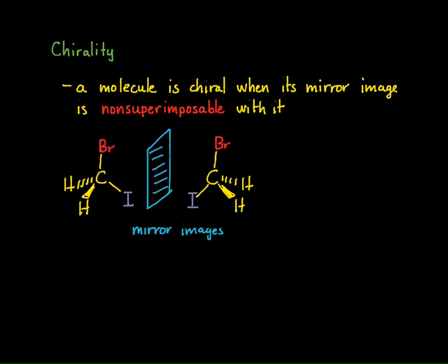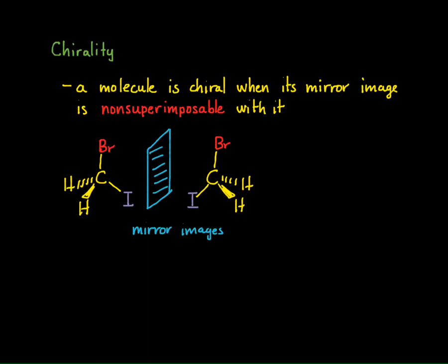So now I have a mirror image of the molecule that I constructed on the left-hand side. So these two are mirror images, and hopefully you can see that they are mirror images of one another. If you can't see that, then you have to certainly get your model kits out to determine whether or not they are mirror images of one another. And now what do I do? Well, now I take my newly constructed molecule and I rotate it around in any way that I can to see if it is superimposable with my molecule on the left-hand side.